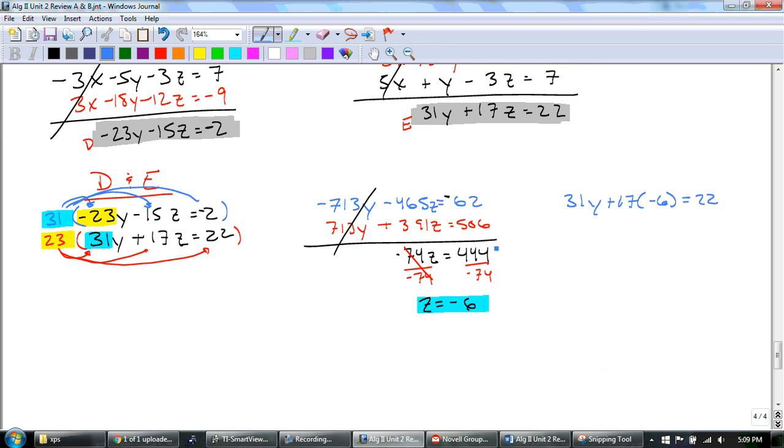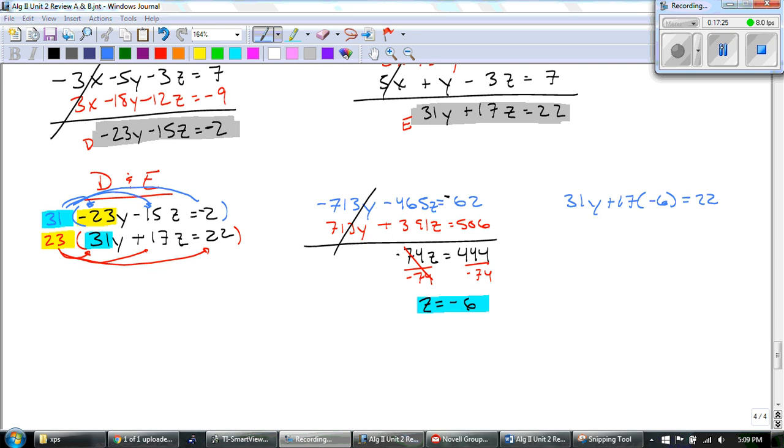Good luck. Okay, so 17 times -6 is -102. I added 102 to both sides to get 124, and then divide by 31, we get y equals 4.